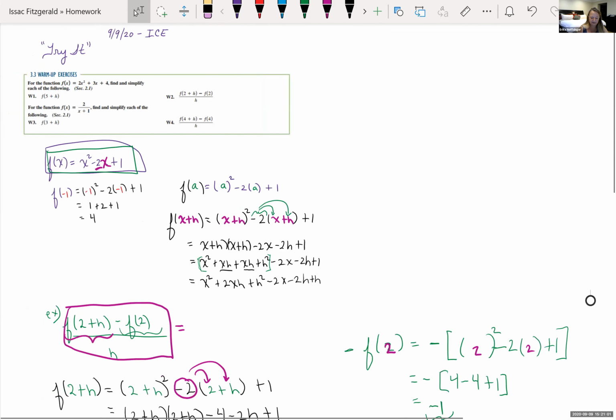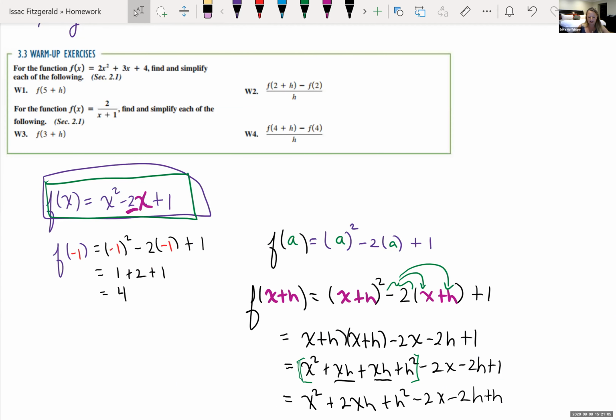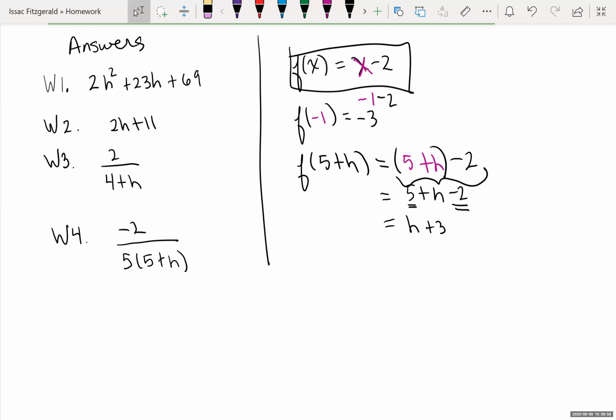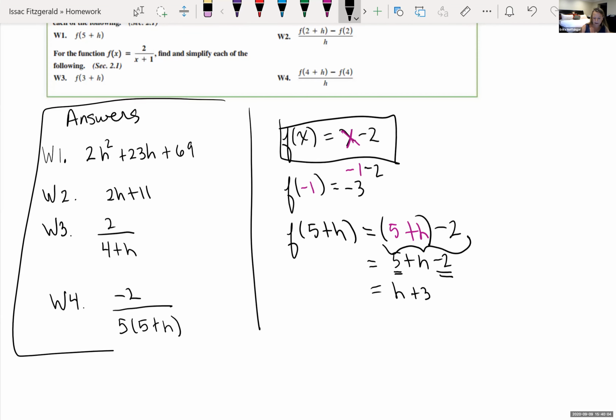Let me just pause the video again. Unfortunately, to blow that up, I kind of got rid of the other piece below. Okay, so I have the answers here on the right.